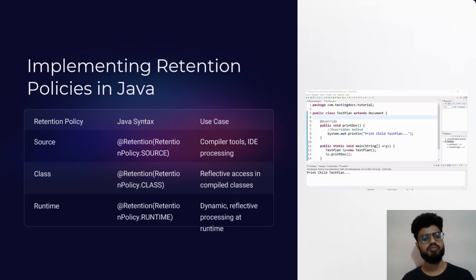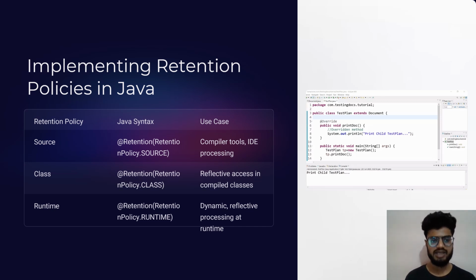So these are the implementations of the retention policies. In what cases are we going to use each retention policy? Of course, we don't use them wherever we just want. The first retention policy is source, and its syntax is @Retention(RetentionPolicy.SOURCE), which is used by the compiler tools and IDE.